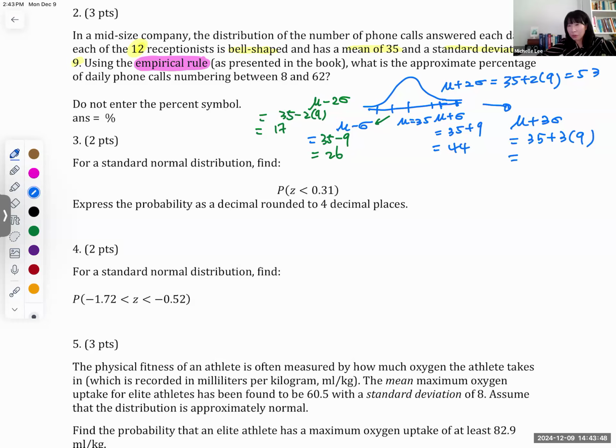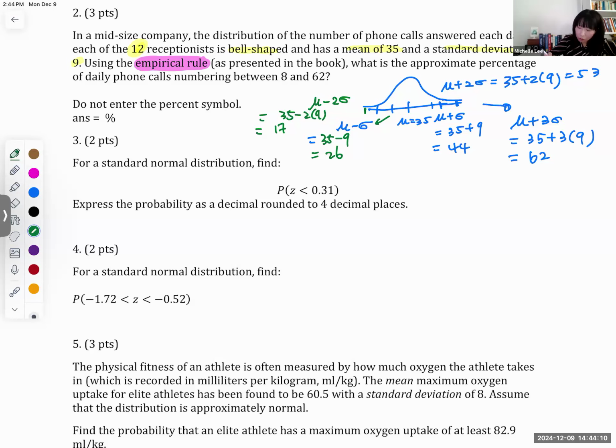Thank you, everyone, for participation. 62. Okay, last one. We got the 62. How about the left side here?